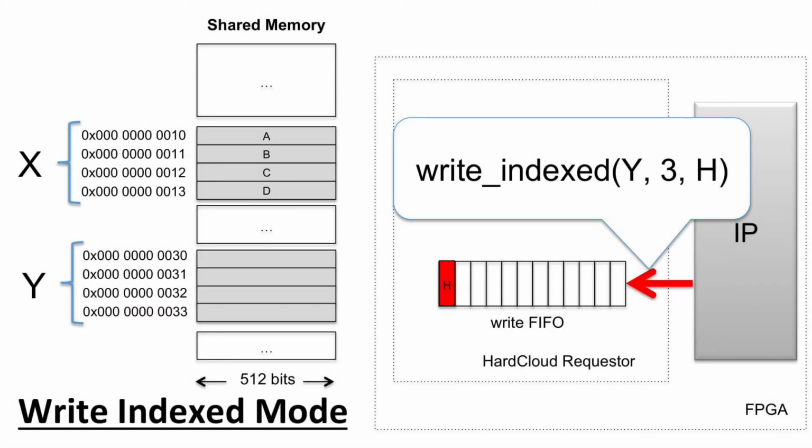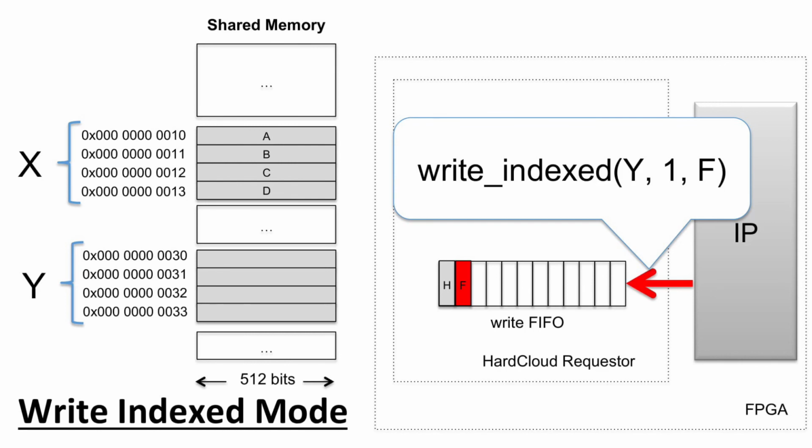Now, the IP calls the write index function from the buffer port to write data H to buffer Y at offset 3. Next, the same function is called to write the data F to offset 1.